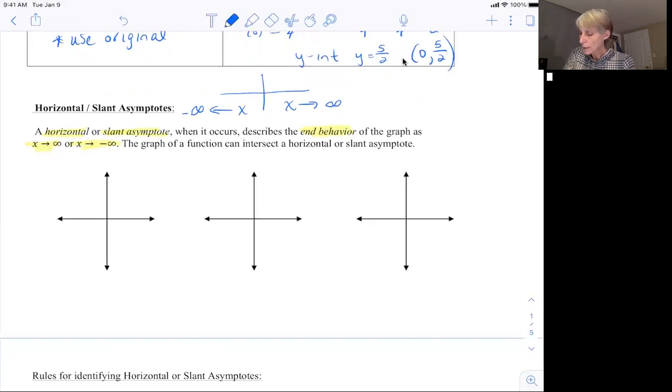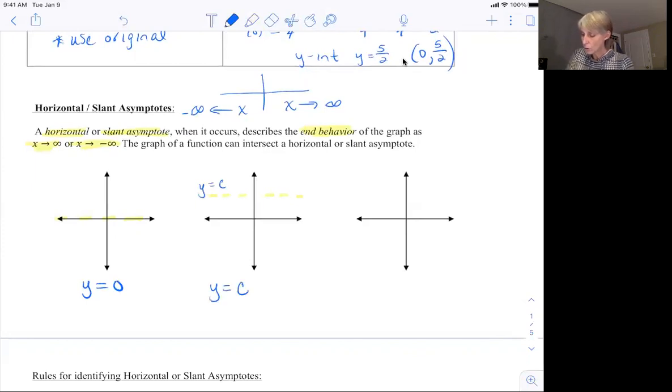So basically, our three scenarios: we can get a horizontal asymptote of y equals 0, where it would just be the x-axis. We can get a horizontal asymptote that's some number.